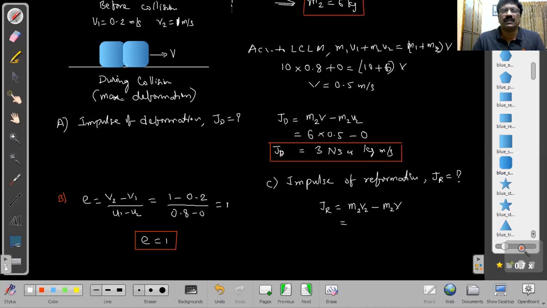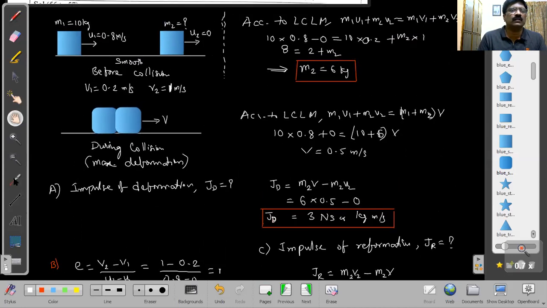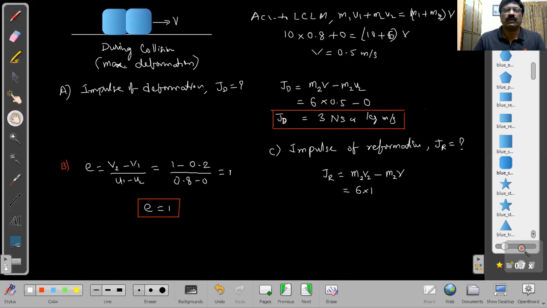So this is equal to M2, the mass of the second body, we got 6, no, into V2. What is the velocity of the second block after collision? V2 is equal to 1, we got. So this is equal to 6 into 1 minus 6 into the common velocity 0.5.